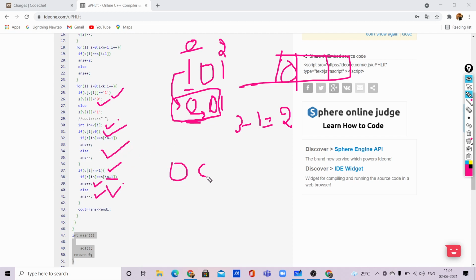Let us see what happens when it comes over here. If there is 0 0 0, and we are asked to update this index, it will become 0 1 0.